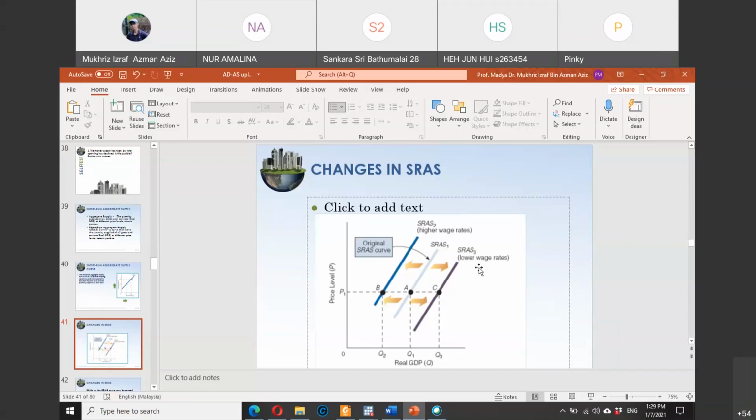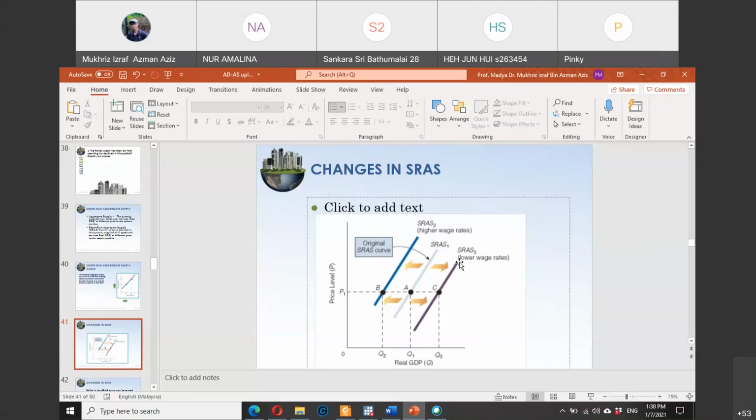During COVID-19, because there was a lot of unemployment, wages in the labor market may be a bit lower than before COVID-19. So firms that hire workers now may be able to offer lower wages because they can argue that the economy is not doing well and the market is very slow.